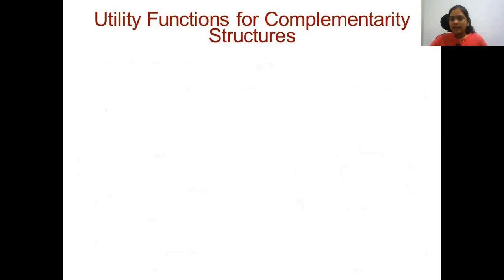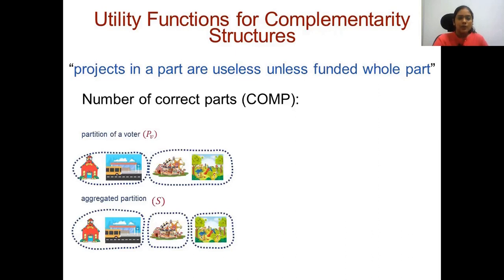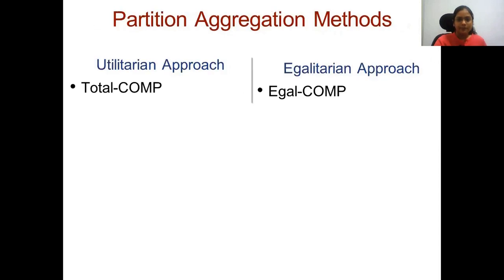Next, we define a utility function for complementarity structures. Here we capture the idea that projects in a part are useless unless we fund all the projects in that part. Formally, suppose this is a partition of a voter V and an aggregated partition S. Then we can see that there is only one part which is common to both the partitions, so the utility that a voter V gets from S is 1.